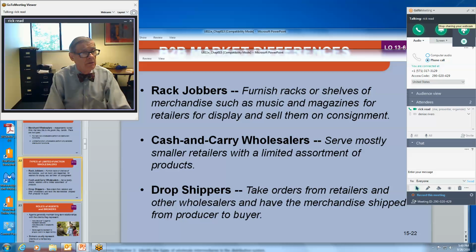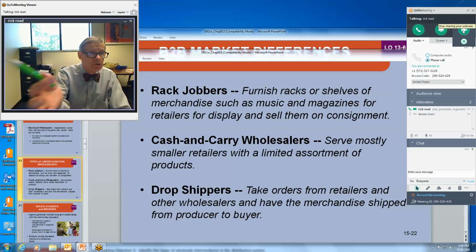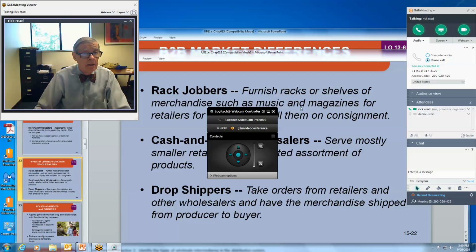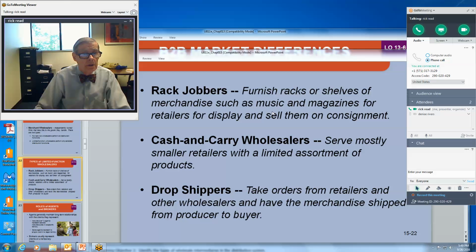You come in, you buy certain goods, and you pay for them. Usually people who do this are smaller retailers, and there's a limited assortment of products of these cash and carry folks. And then drop shippers take orders from retailers and other wholesalers and then have the merchandise shipped directly from the manufacturer to the buyer.